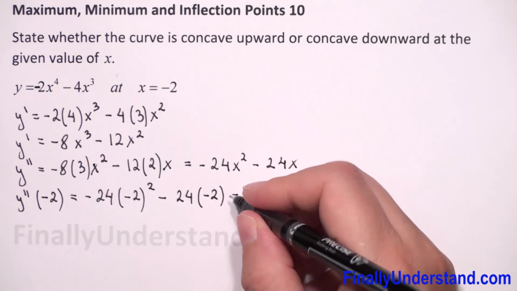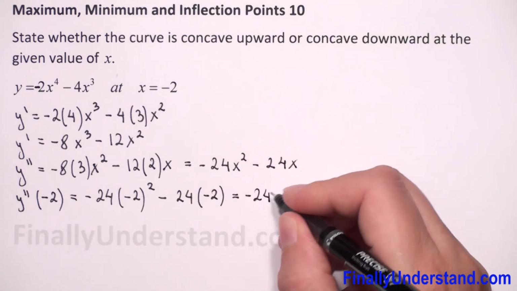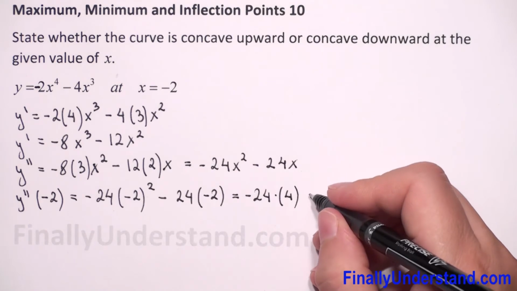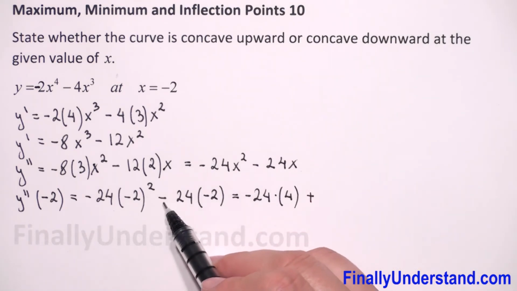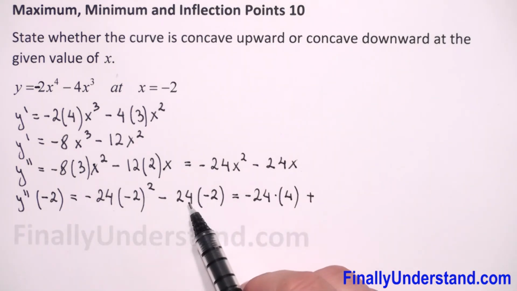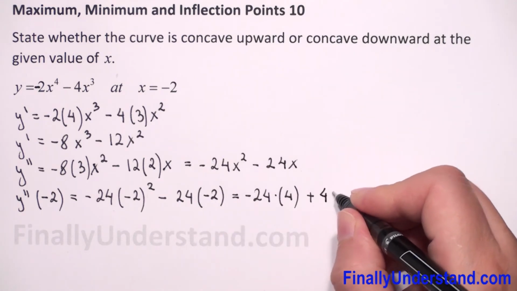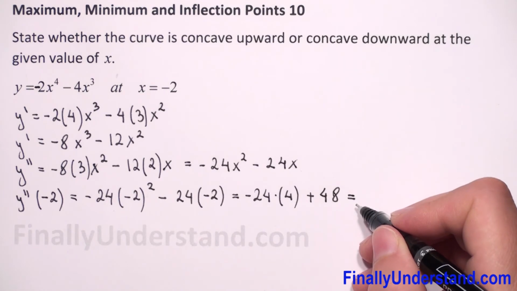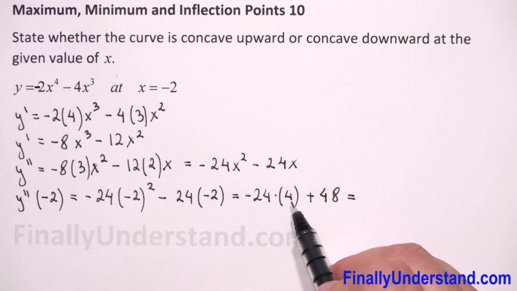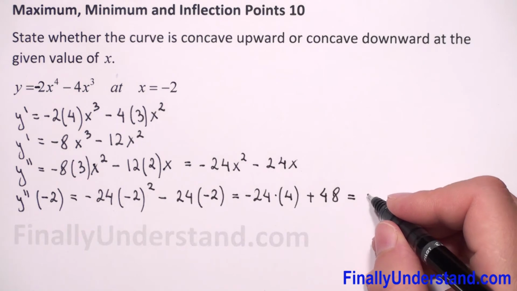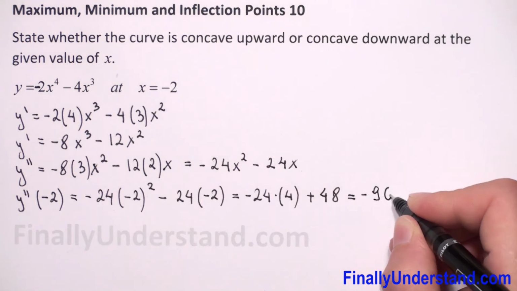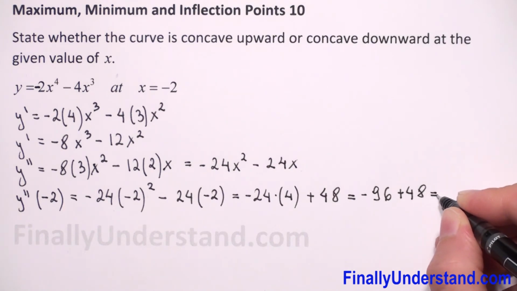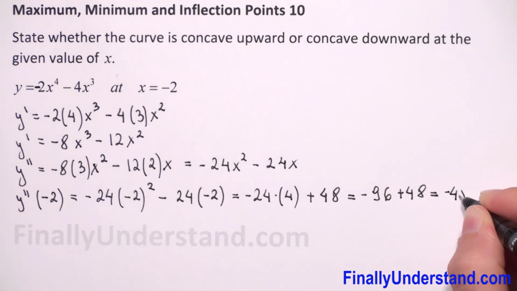So this is equal to negative 24 times -2 to the second power, which is 4, plus, because negative times negative will be plus, 24 times 2 is 48. So this is equal to negative 24 times 4, which is negative 96, plus 48. So this is equal to negative 48.